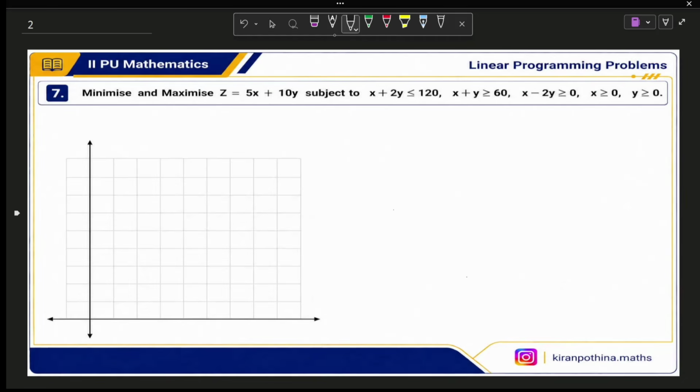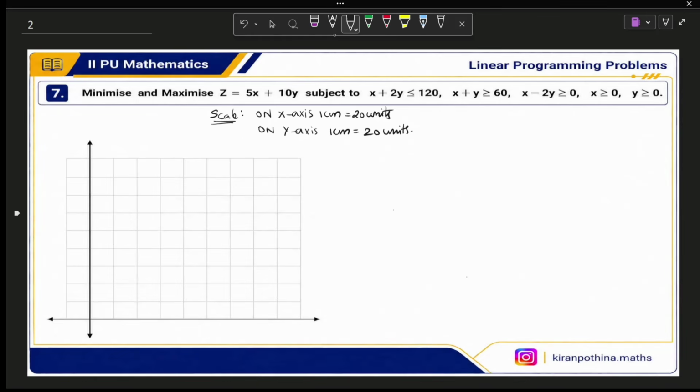Okay, so now I will write the scale for this graph. Scale is very much important, right? On the x-axis, 1 centimeter equal to 20 units I will take, because the values we got are like 60, 120, like this. So on the y-axis I will take 1 centimeter equal to 20 units.